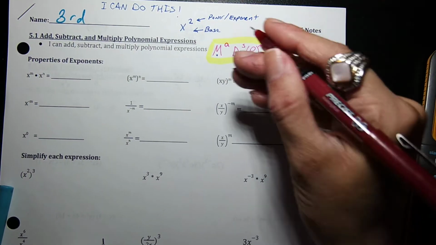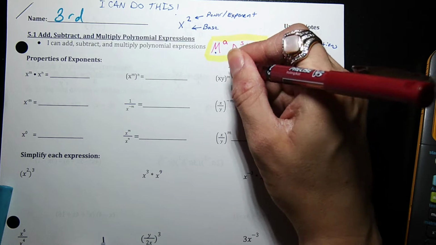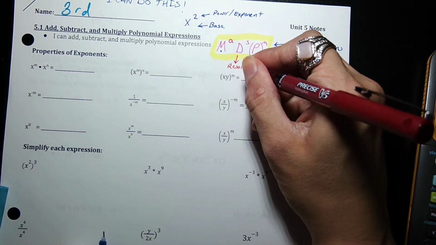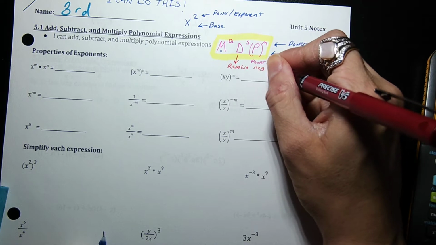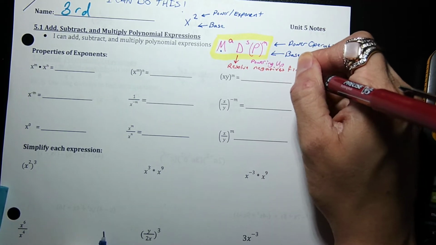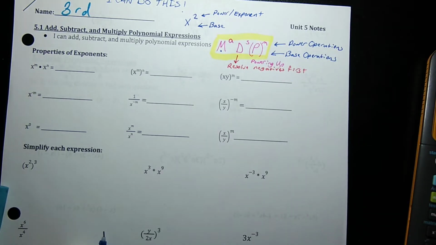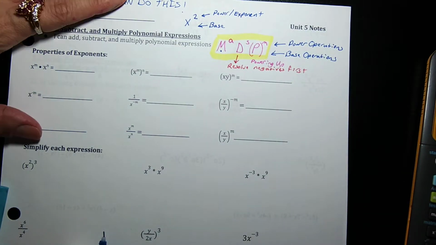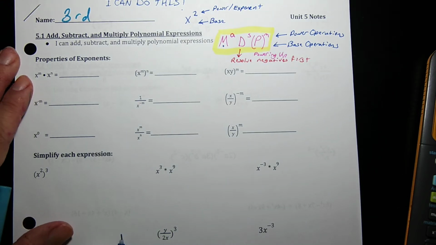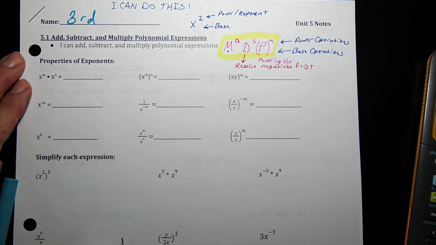As a little caveat to division, I want you to put a note that says resolve negatives first. Resolve negatives first. And we will see that in action once we start working through some of these problems. So in this first problem, we've got x to the m times x to the n.